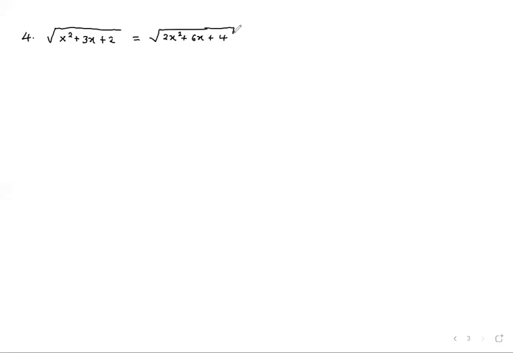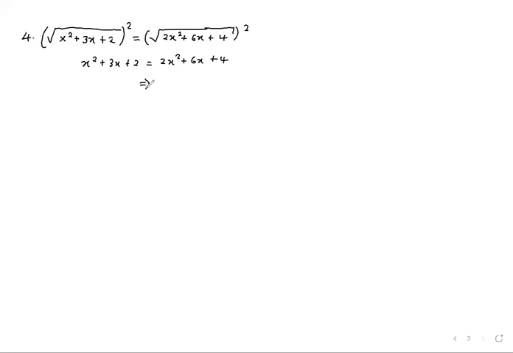So if you find yourself in this situation, you square, you remain with x squared plus 3x plus 2 is equal to 2x squared plus 6x plus 4.